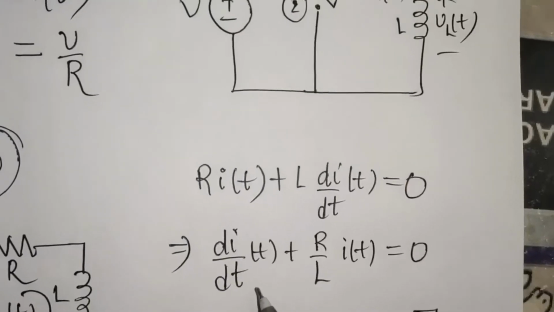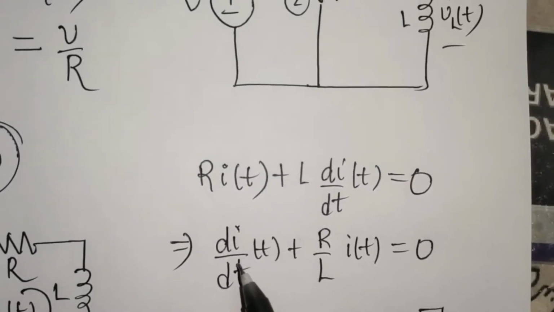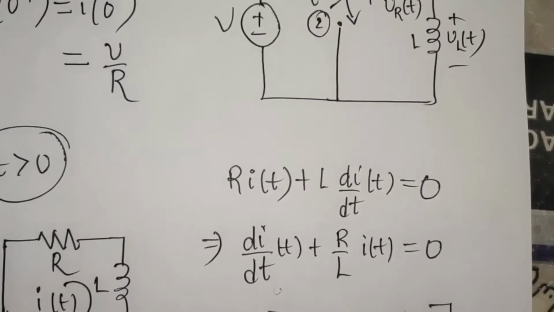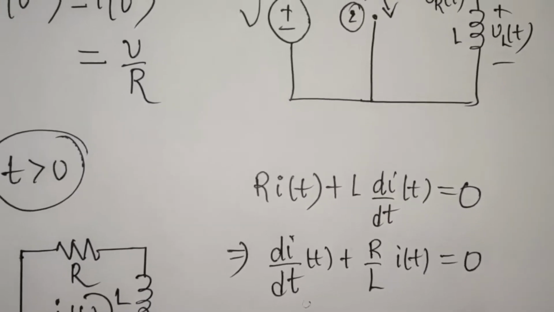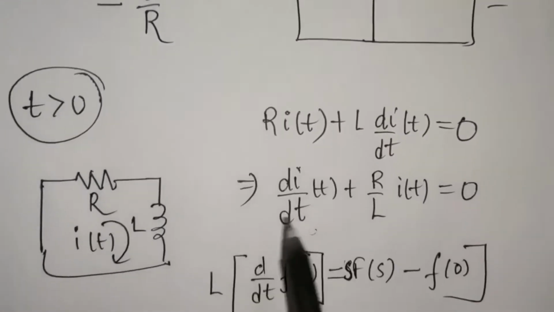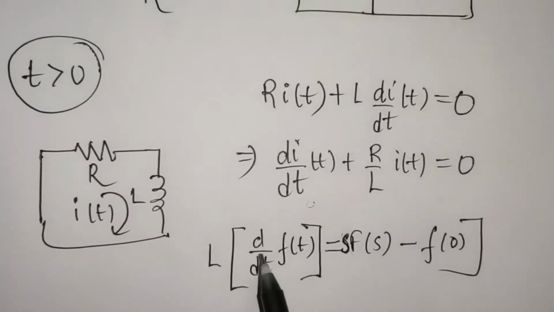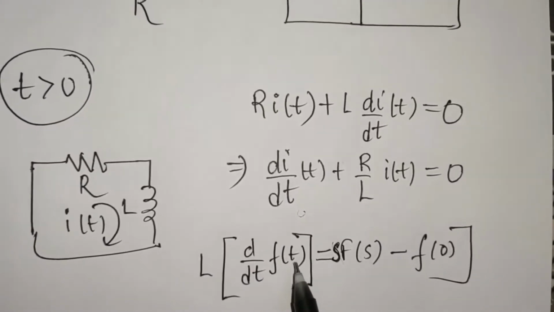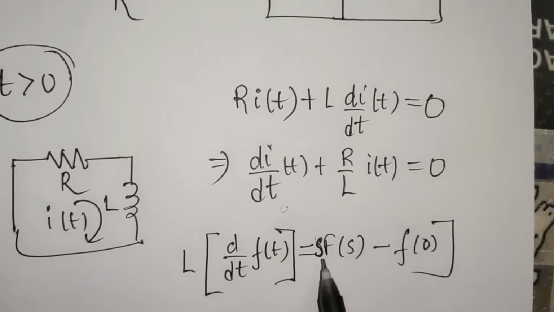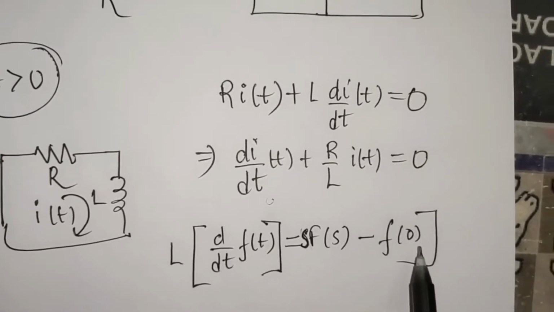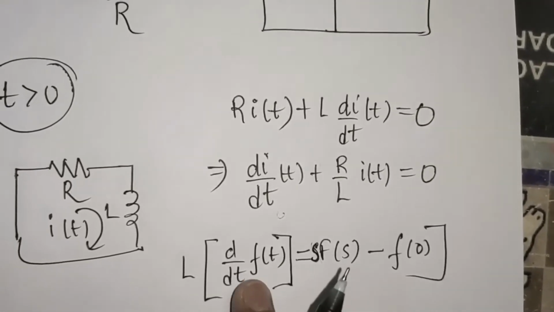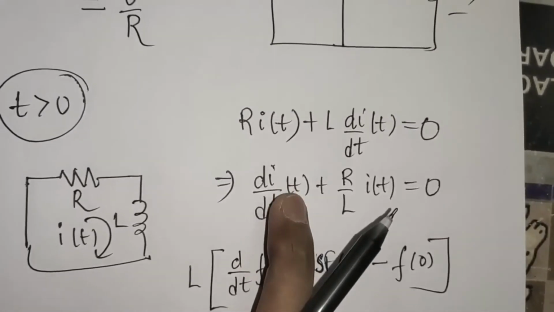Now let us apply Laplace transform to this expression. We all know that if f of t is a function, then the Laplace transform of its derivative is s into F of s minus f of 0. Instead of f of t, I have I of t here.